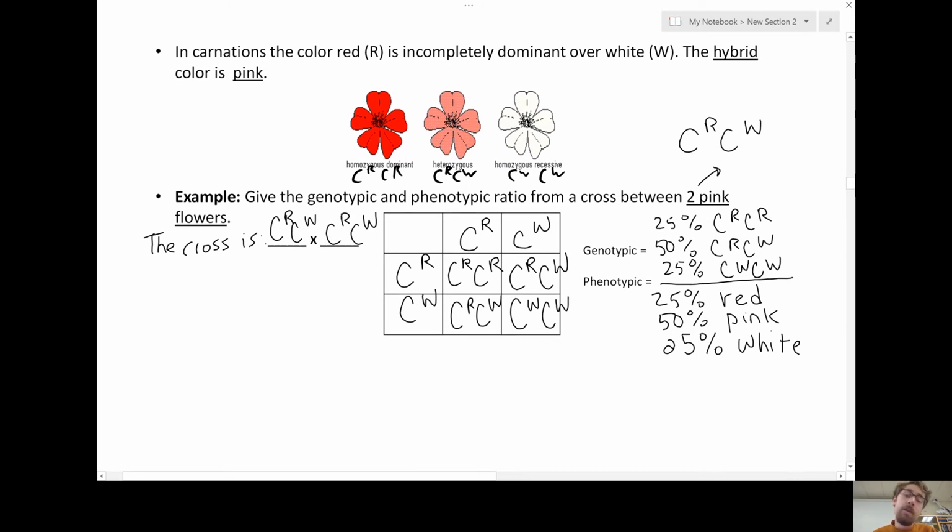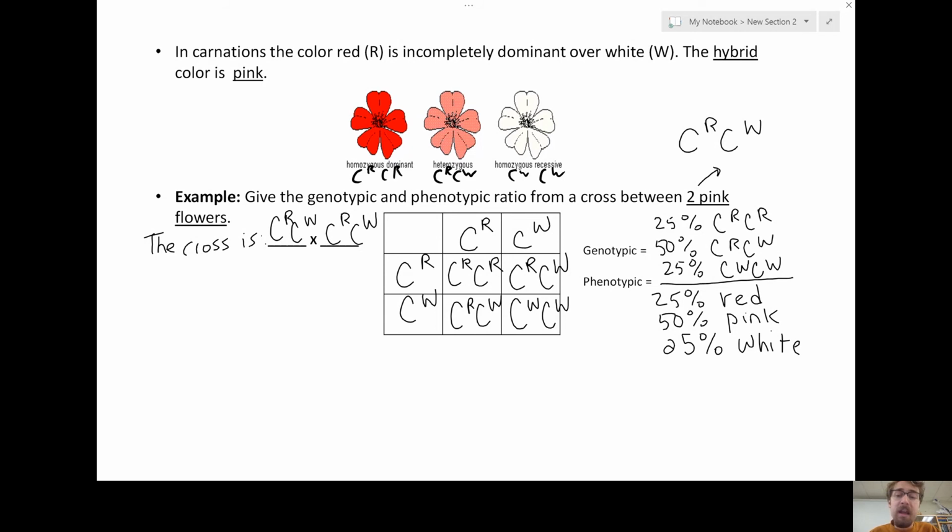Again, we've got another example of a Punnett square where we're crossing two pink flowers. So we have one pink flower, C^R C^W, another pink flower, C^R C^W. Cross them following the same crossing rules we've been following with Punnett squares.